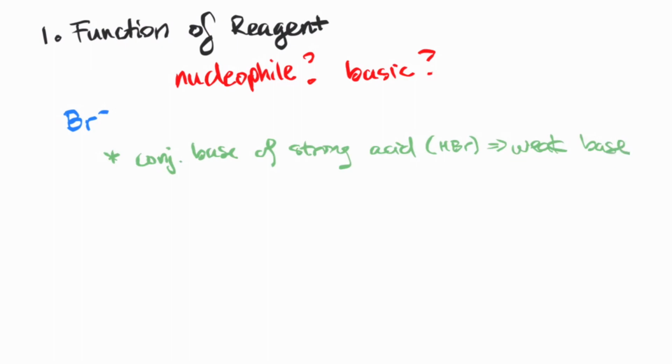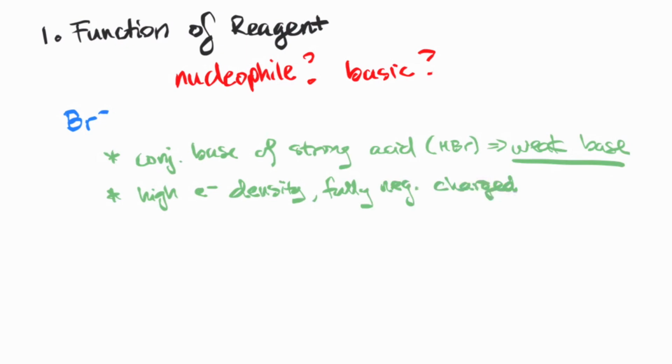Because it is so stable, it is also again considered a weak base. But with those same characteristics, having a high electron density and also being fully negatively charged, it is considered a strong nucleophile. So as you can see here, it's not always that a strong nucleophile is a strong base. In our prime example, bromide ion, it is a weak base but a strong nucleophile.